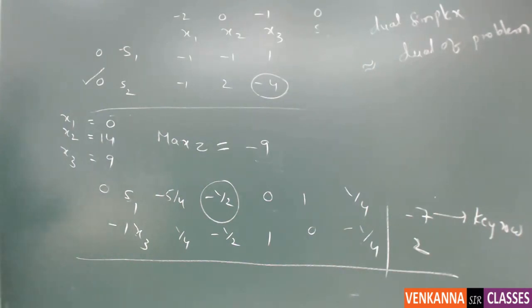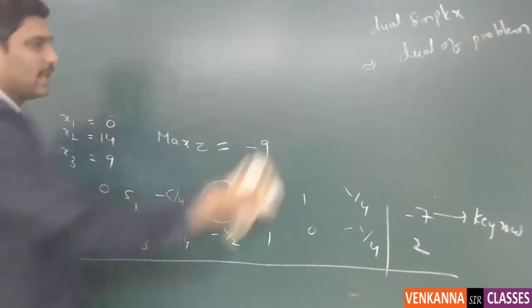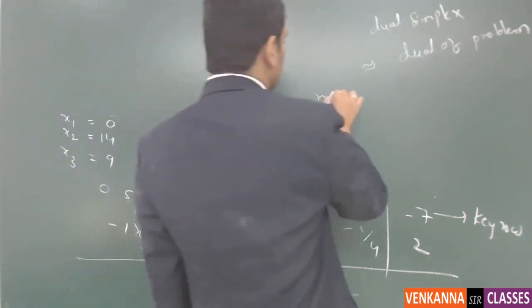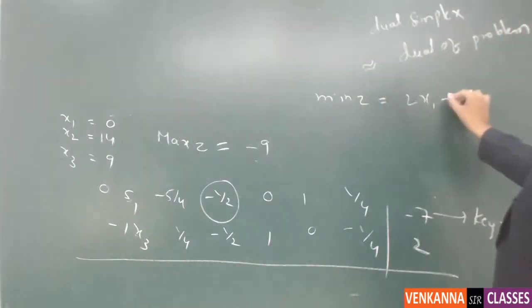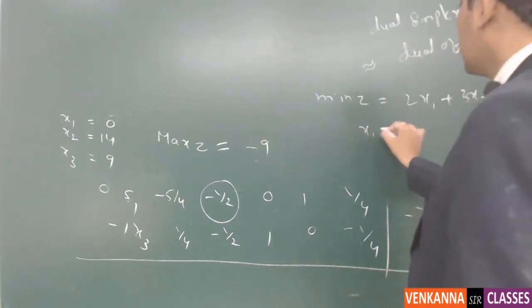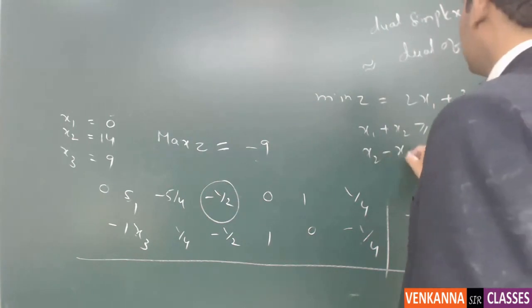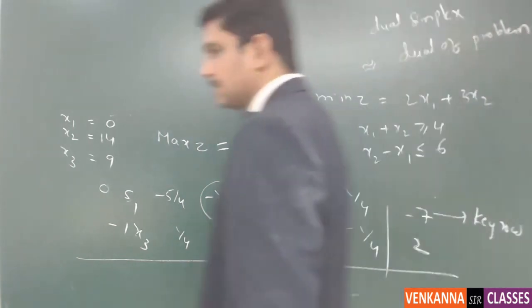Because in dual of a problem, what we are doing actually, if you take a small example, that say minimum z is equal to 2x1 plus 3x2, subject to the constraints x1 plus x2 is greater than or equal to 4, x2 minus x1 is less than or equal to 6. Take like this.